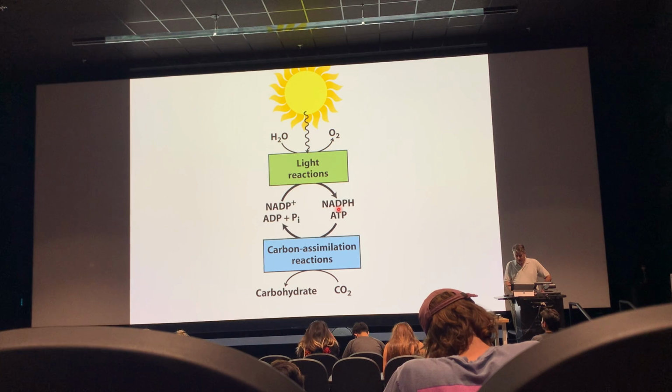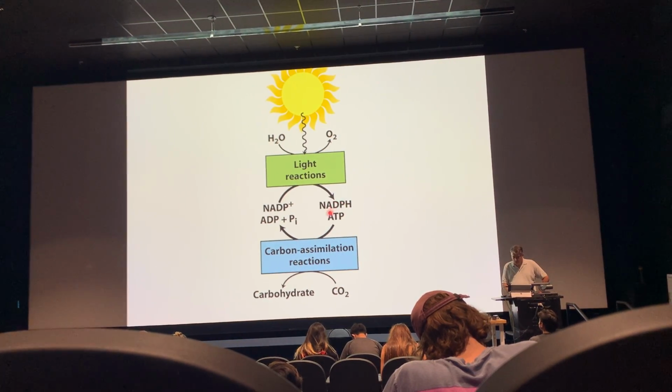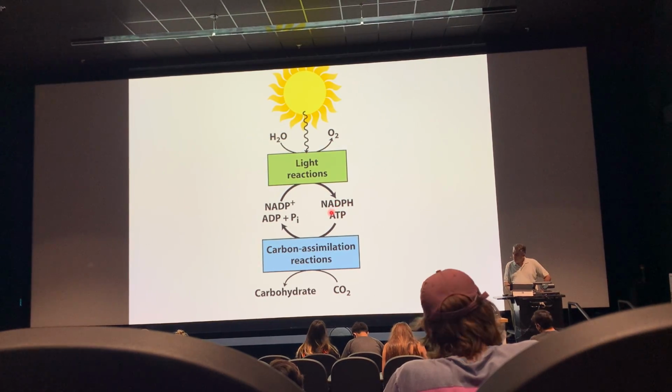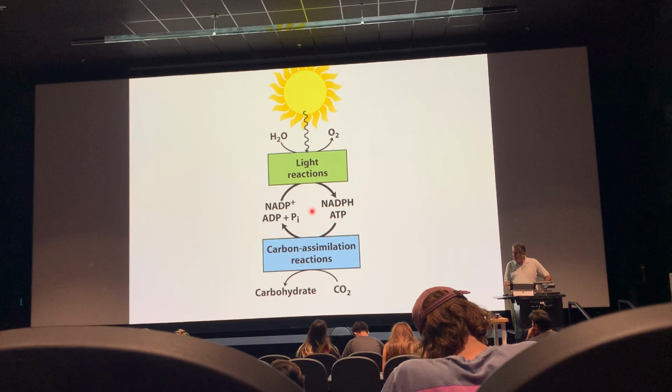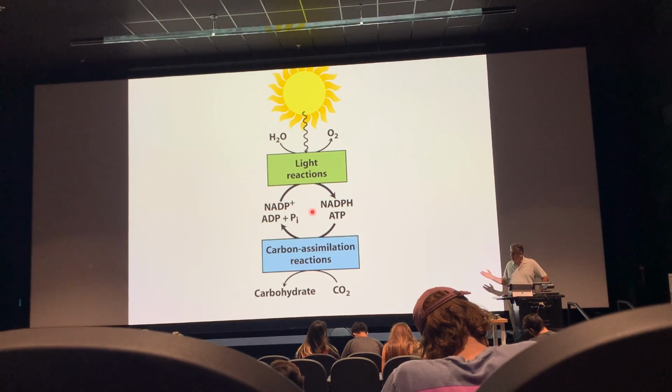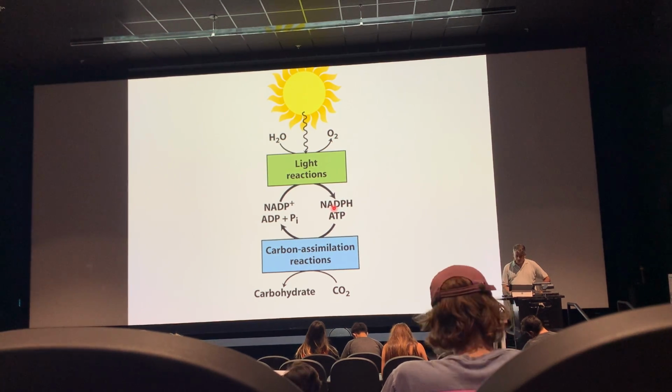But think of NADPH as a source of reducing power. So you've got two sources of energy here, and the pool size in the chloroplast, because that's where all this takes place, the pool size of these things are small.